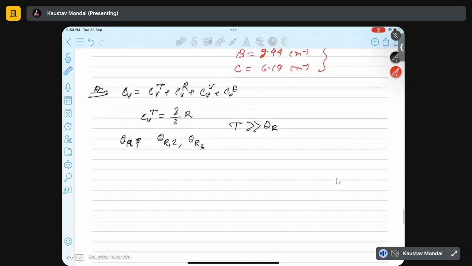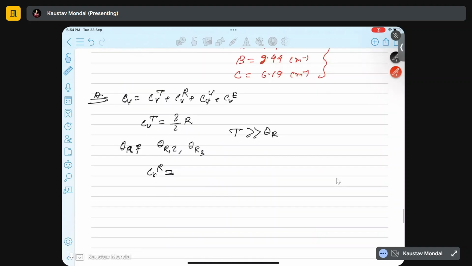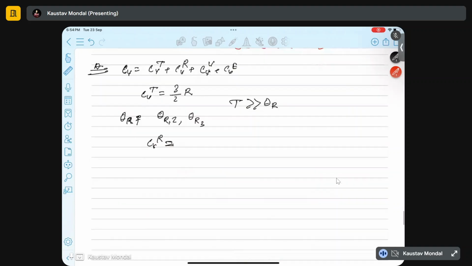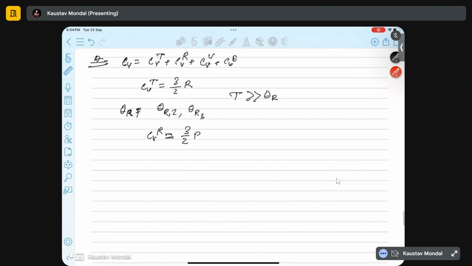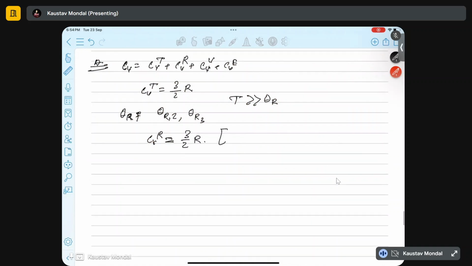And since it's a non-linear molecule, the rotational contribution C_V,R simply takes the value 3 by 2 R, right? Because it's a non-linear molecule.